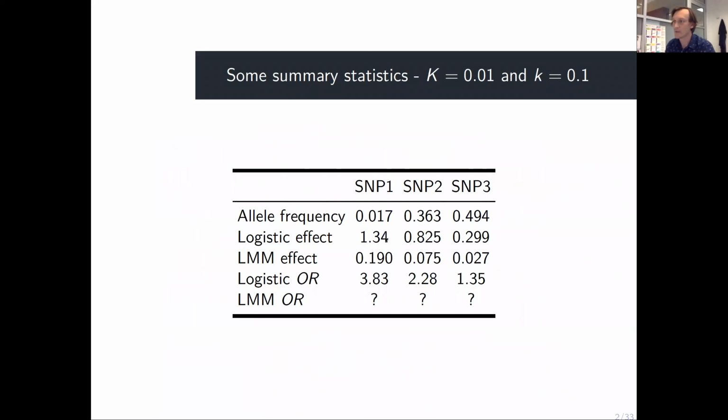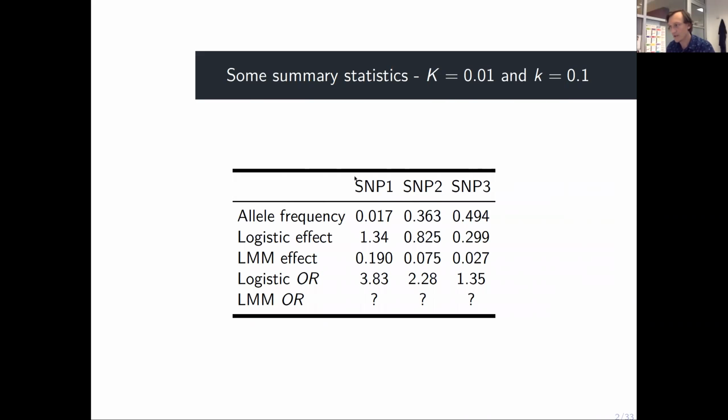So I thought I would express that problem in a little data example here. I'll introduce some notation where I call big K the population prevalence of the disease, and little k the sample prevalence. In this simulation, or conceptual example, we've oversampled the cases relative to the population prevalence.